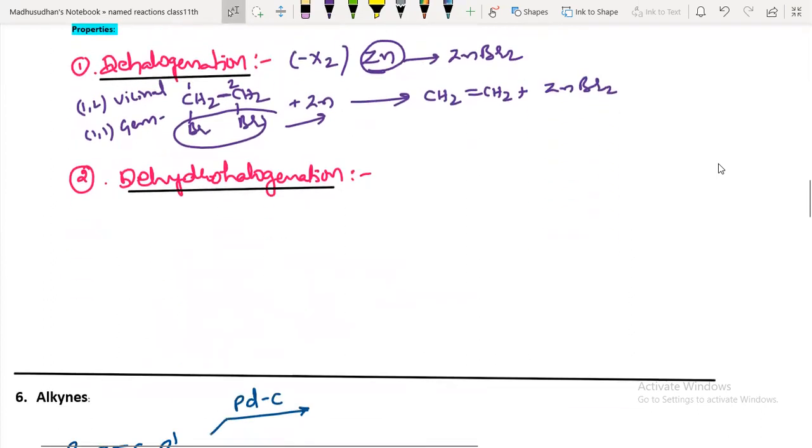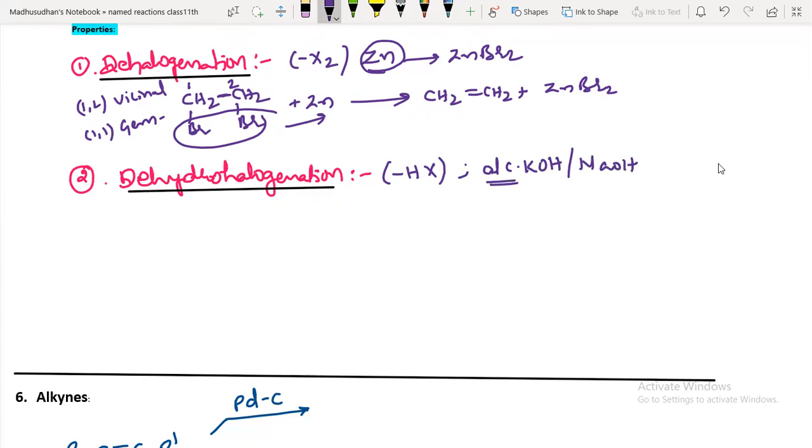Okay. What is the next one? Dehydrohalogenation. Dehydrohalogenation means minus HX, and the reagent used in this is alcoholic potassium hydroxide or sodium hydroxide. Alcoholic. Okay. We can take one example, CH3CH2Cl on reaction with alcoholic KOH.